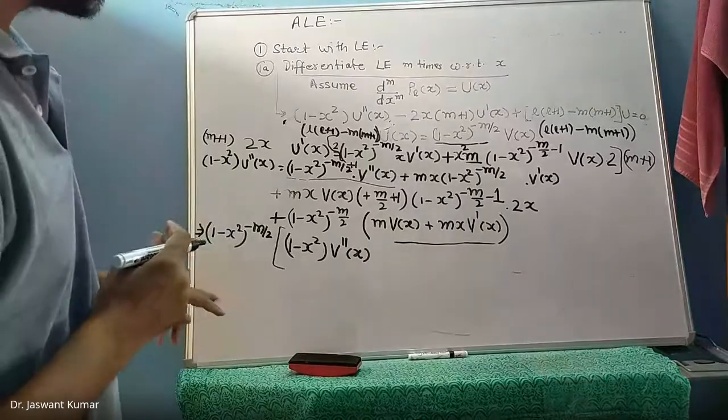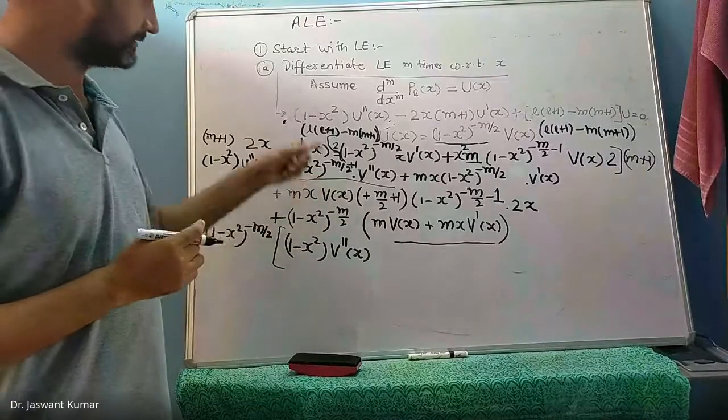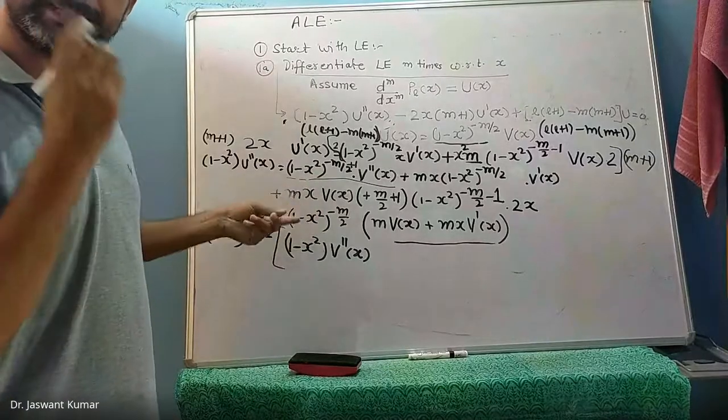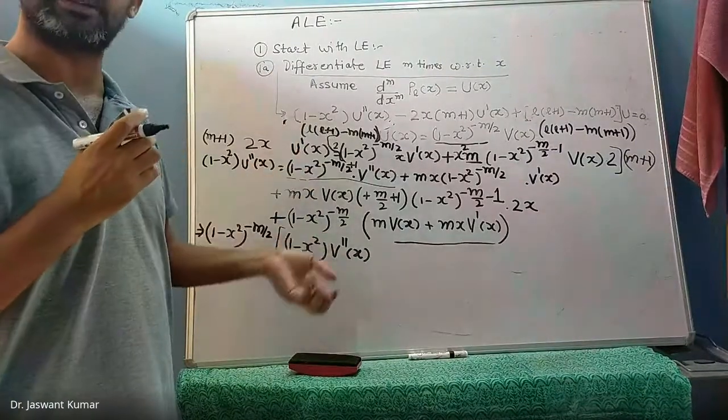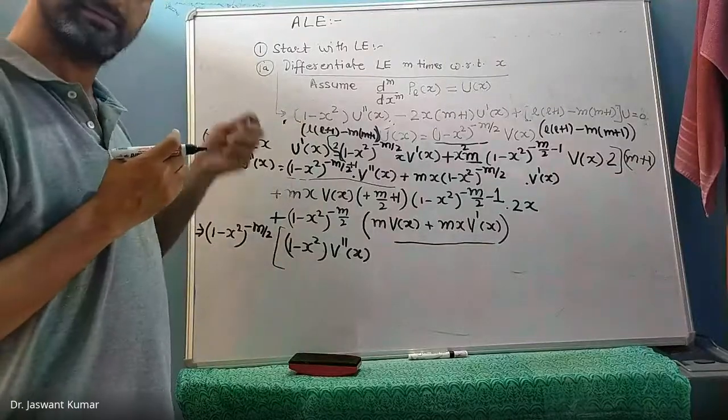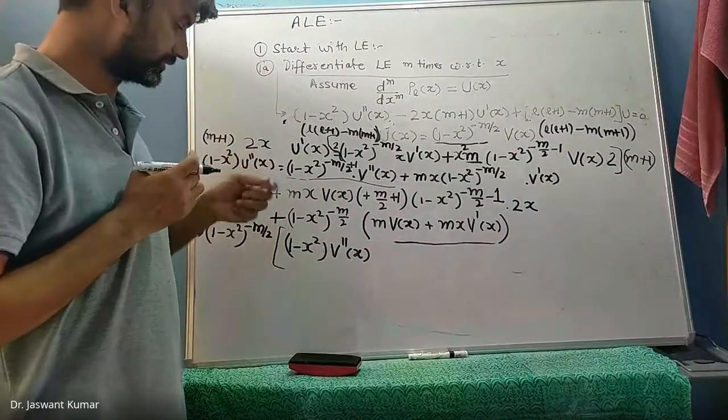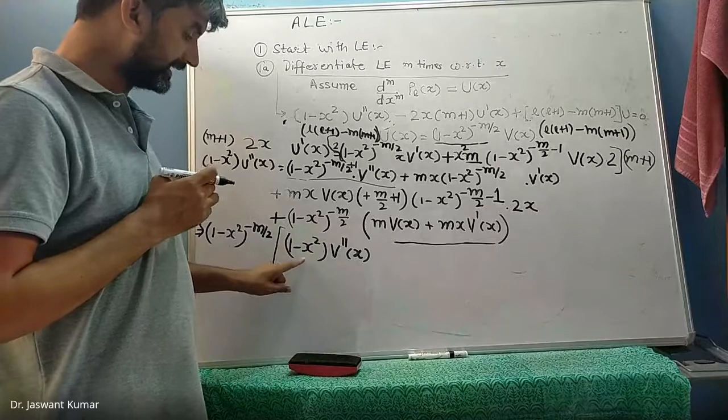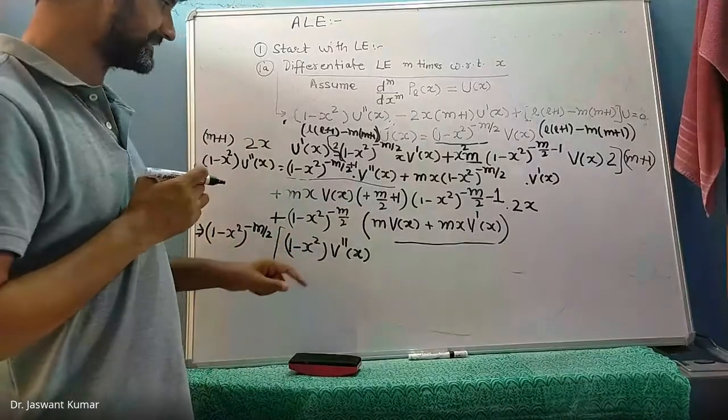Tell me. Yes, sir. You have taken the overall 1 minus x squared to the power minus m by 2 common after summing these three terms. Yes? Okay, good. So the term that remains is 1 minus x square v double dash x.